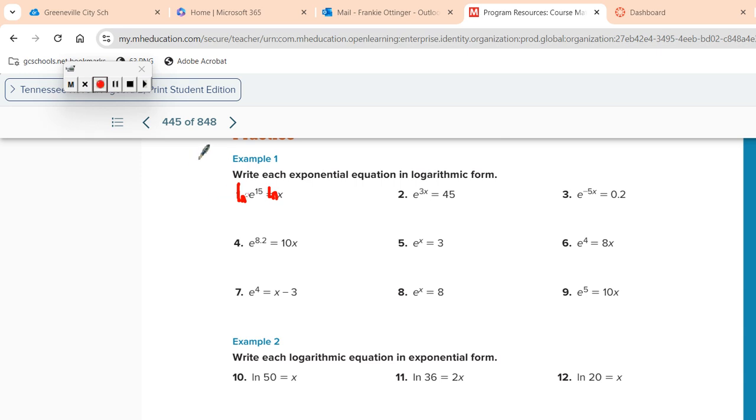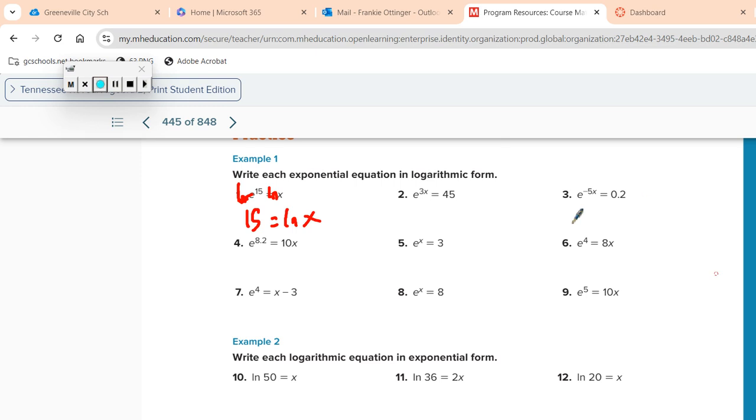Inverse functions undo each other. Handwriting is kind of bad, but that's an ln on both sides. So ln e to the 15, ln x, they cancel, and this gives me 15 equals ln x. That's going from exponential form to natural log form.